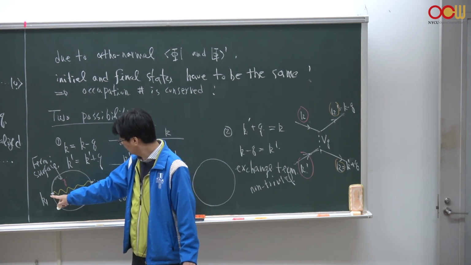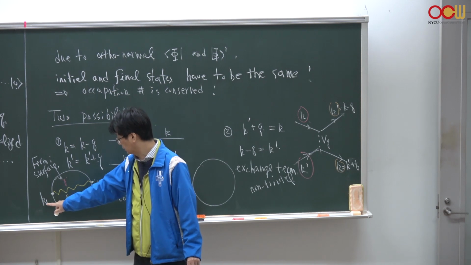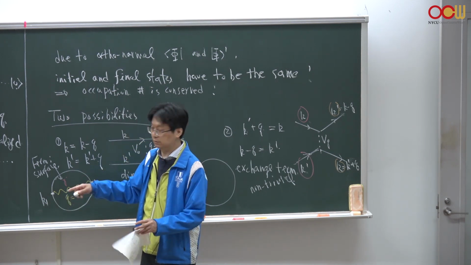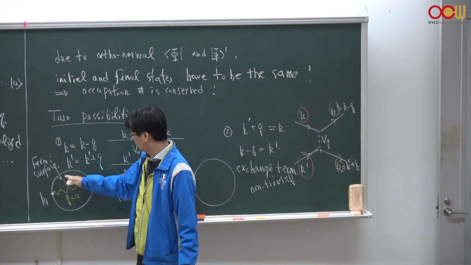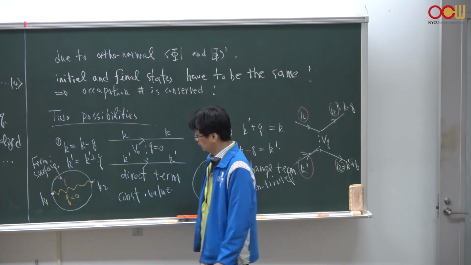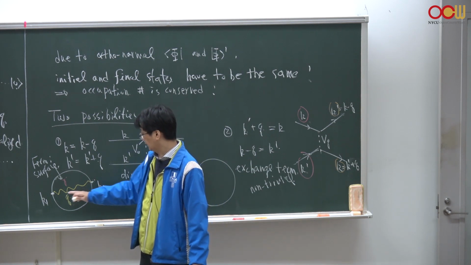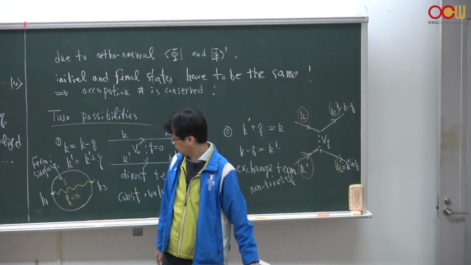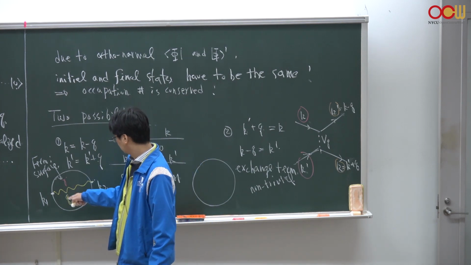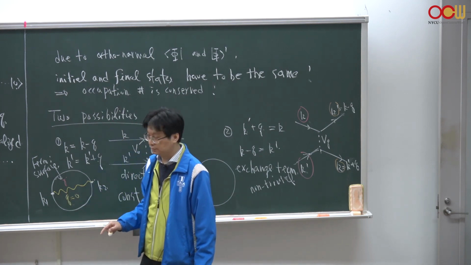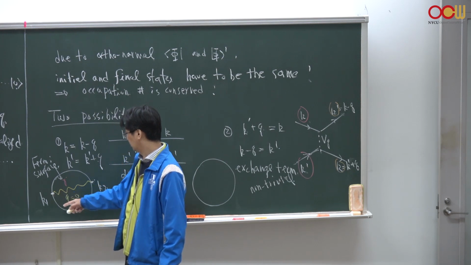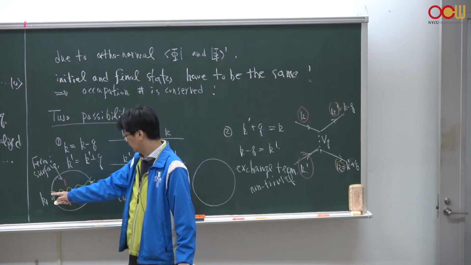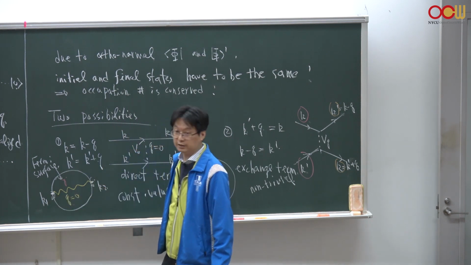If one electron near the Fermi surface carries momentum K1, and another carries K2, in different orientations of the Fermi surface, they could exchange momentum and get Coulomb scattered. But in the direct term, they don't exchange any momentum. They simply interact by Coulomb when Q goes to 0, and K1 goes to K1, and K2 goes to K2.